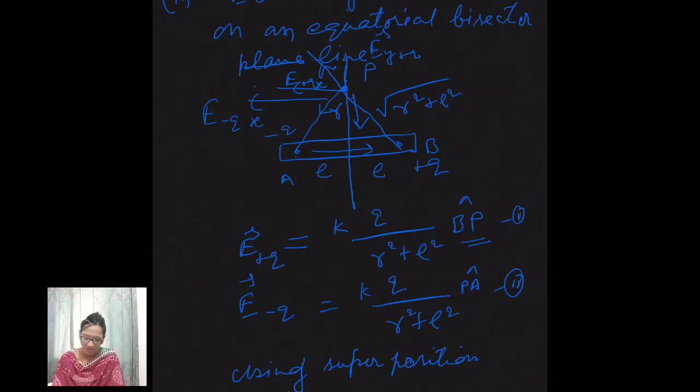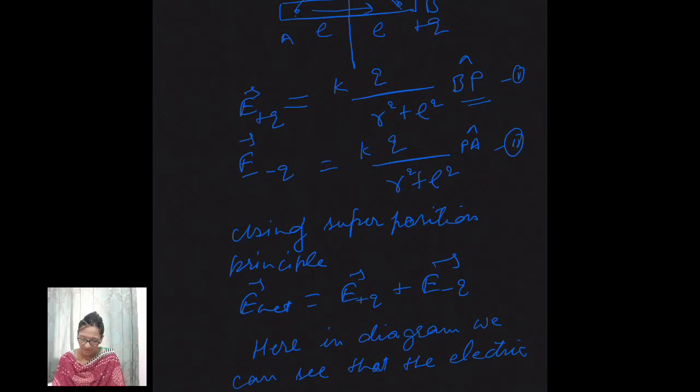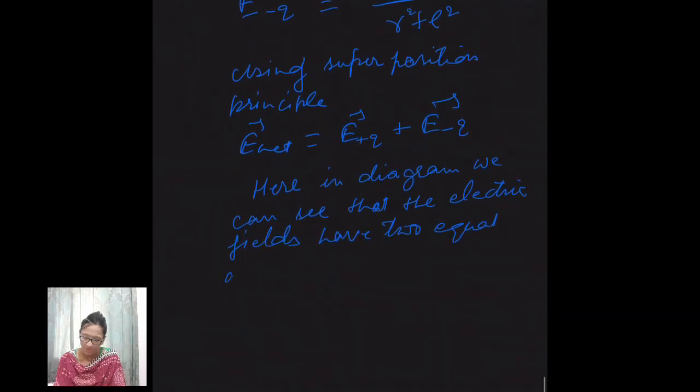So here in the diagram we can see that the electric fields have two equal and opposite vertical components.